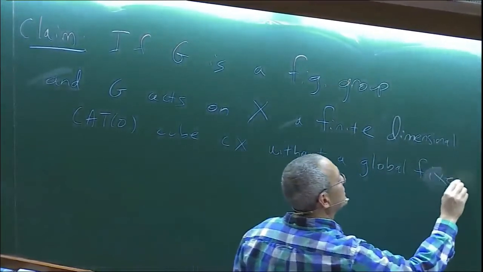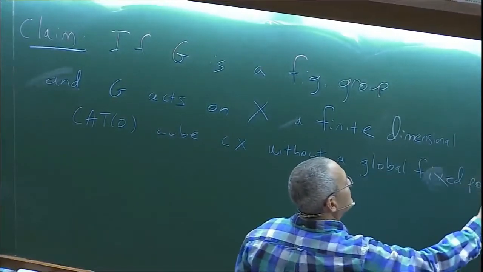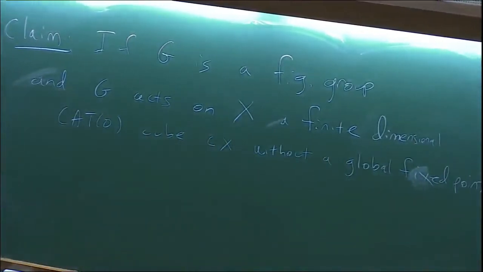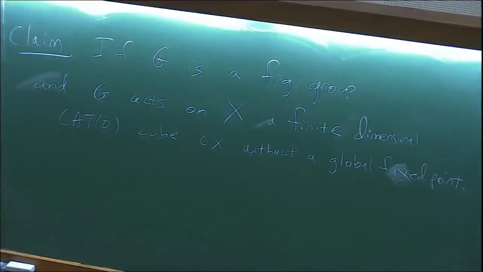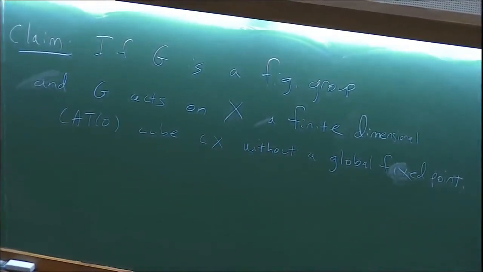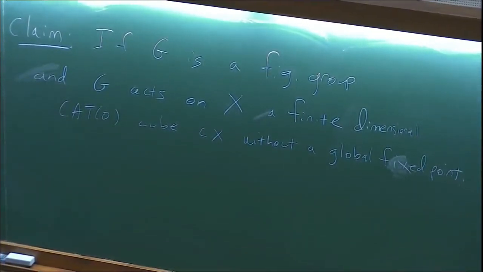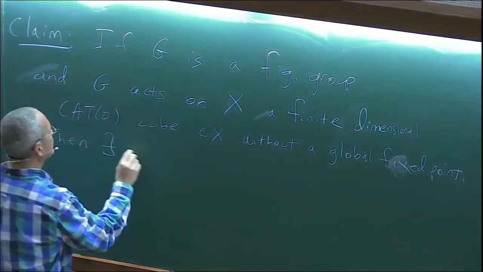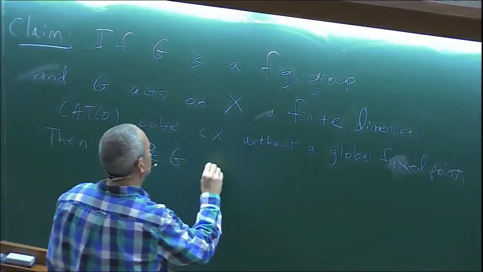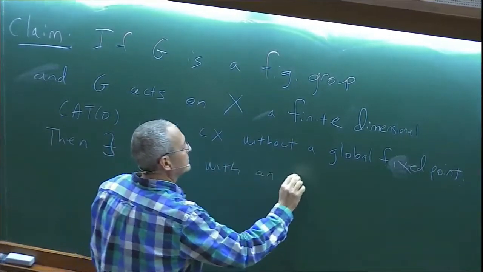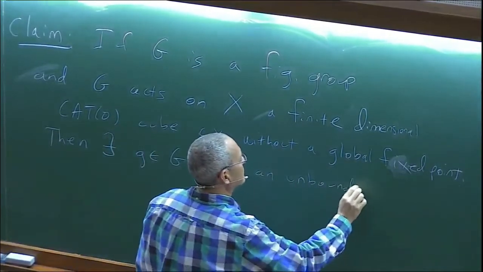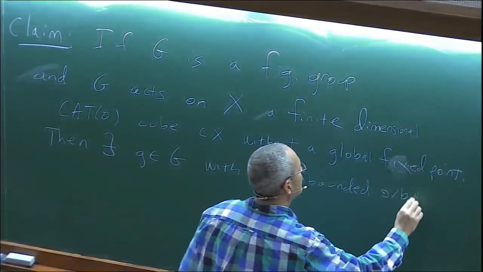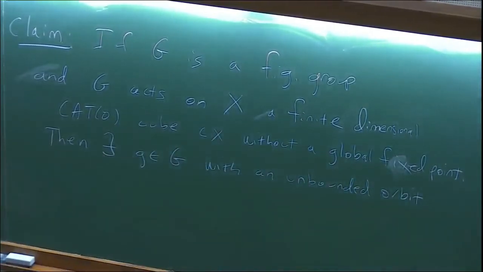Just write the words fixed point. For CAT(0) spaces, that's the same as having an unbounded orbit, right? Because bounded orbits have fixed points. Then there exists g in G with an unbounded orbit. So it'll tell you that torsion groups can't act on a finite dimensional CAT(0) cube complex without having a global fixed point.